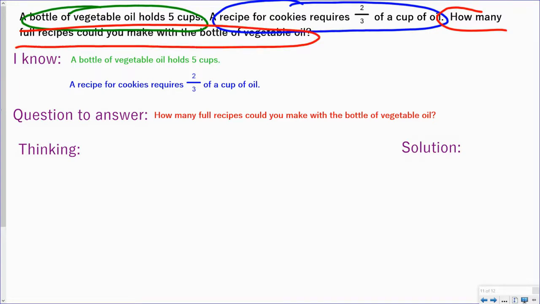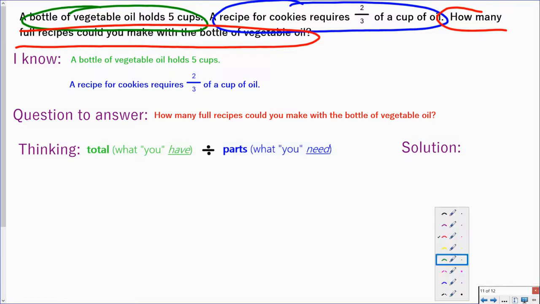So again, setting up my thinking, I need to look at the total amount, or what do we have, divided by the part, or what do we need. So what is the total amount that we have in this problem? Well, we have 5 cups of vegetable oil. That's how much a bottle will hold.